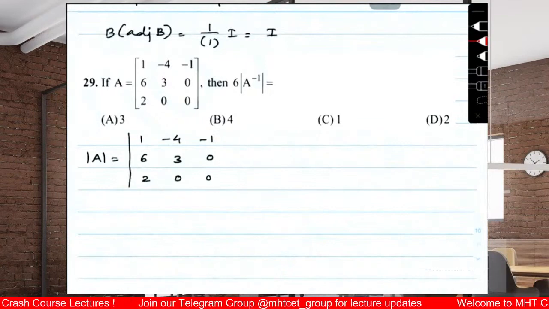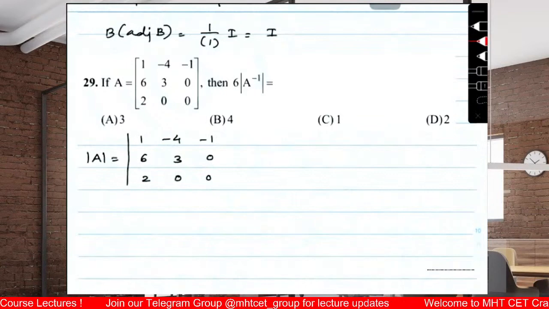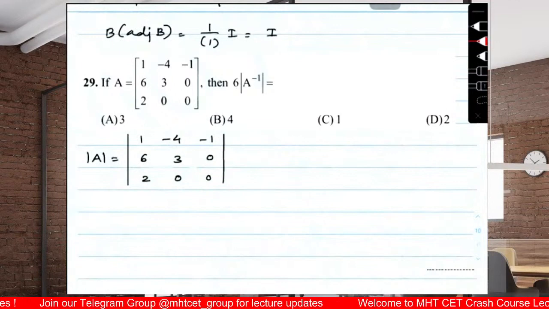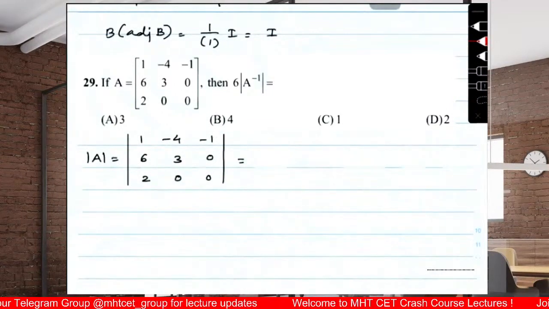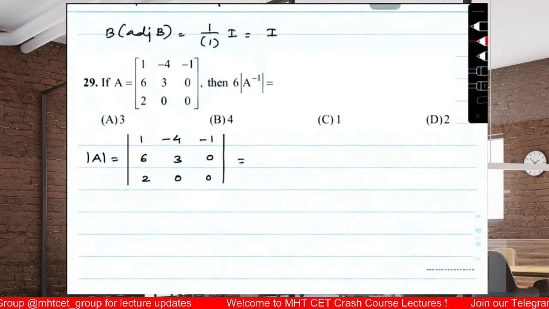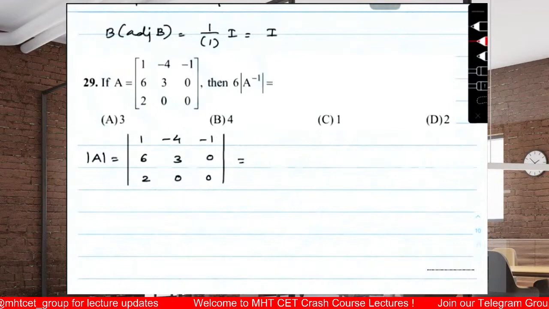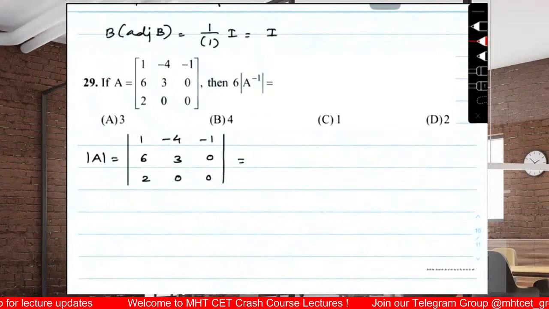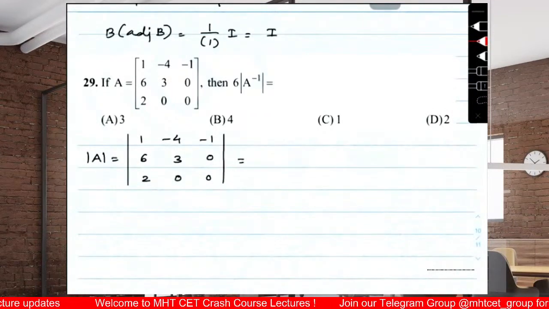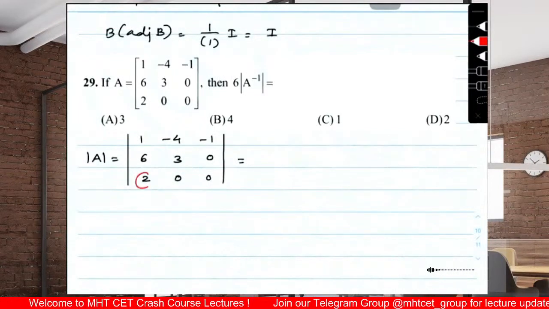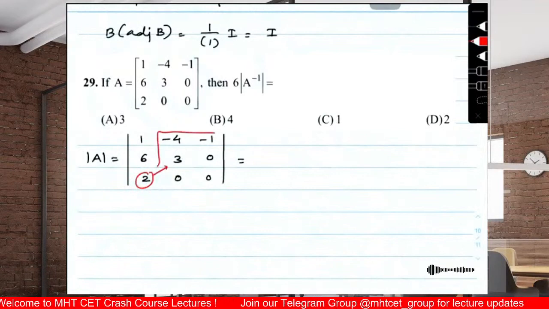Find determinant of A. You can expand it along third row, right? You can expand here because the other two are 0.